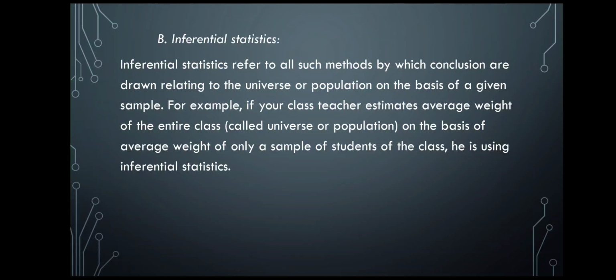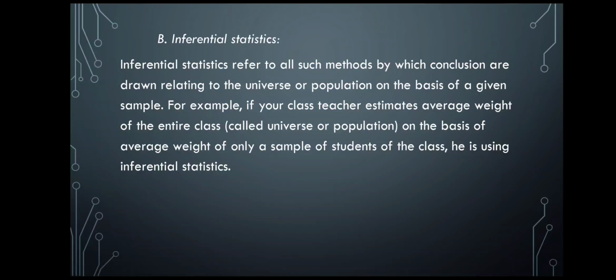For example, if your class teacher estimates average weight of the entire class called universe or population on the basis of average weight of only a sample of students of the class, he is using inferential statistics.